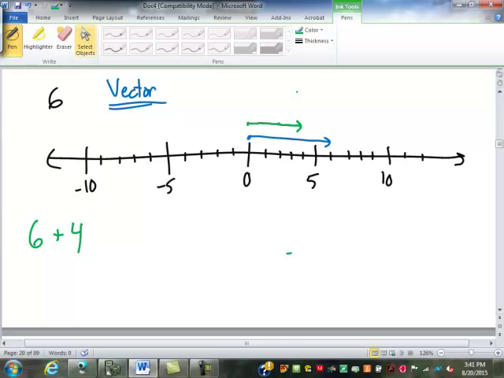So to combine them, I just put them end to end, or head to tail, sometimes called. Like that. Well, 6 plus 4 is 10, because this vector here ends up going from 0 to 10 when I put the two of them together. Make sense?